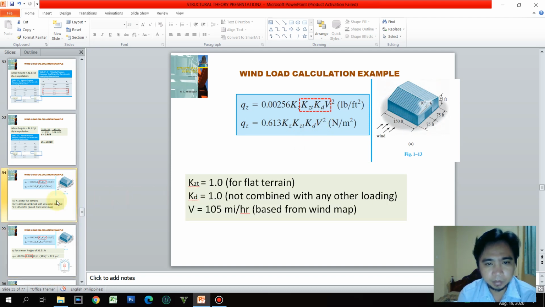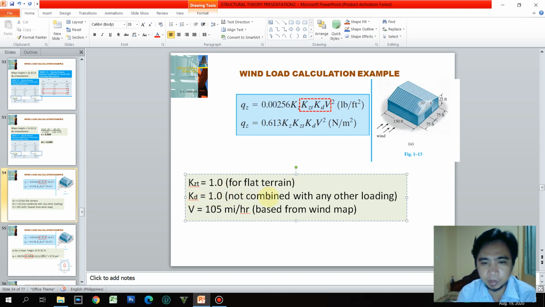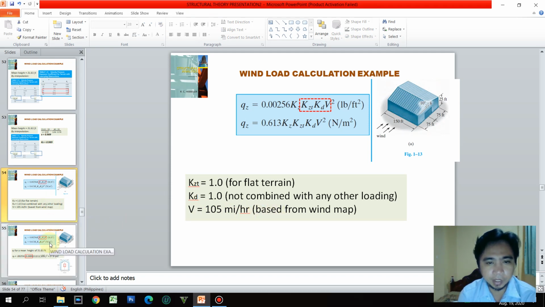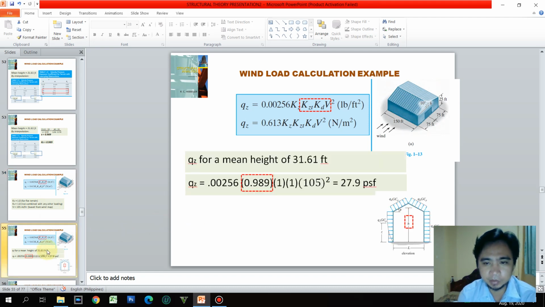So KZT is 1.0 for a flat terrain, that is noted in the problem. KD is 1.0, since we are just concerned with the wind load, it is not combined with any other loading. And V here is 105 miles per hour based on the wind map. In Chicago, Illinois, the velocity is 105 miles per hour.